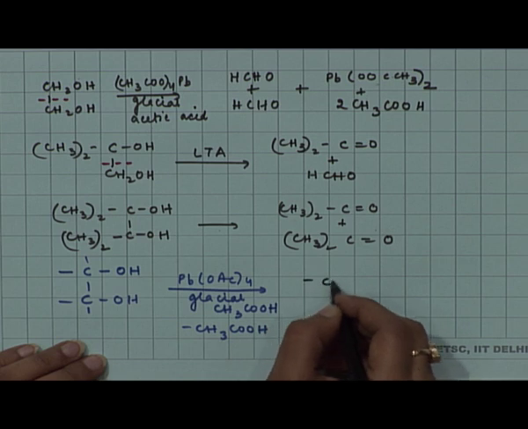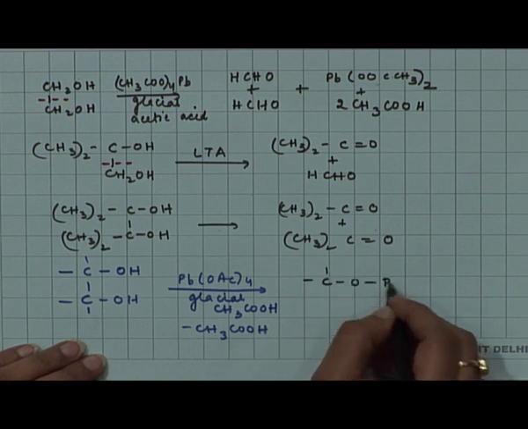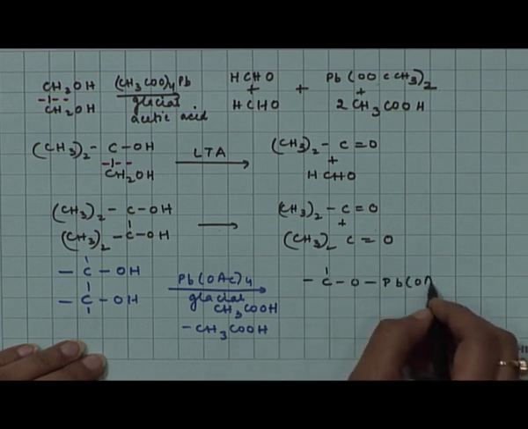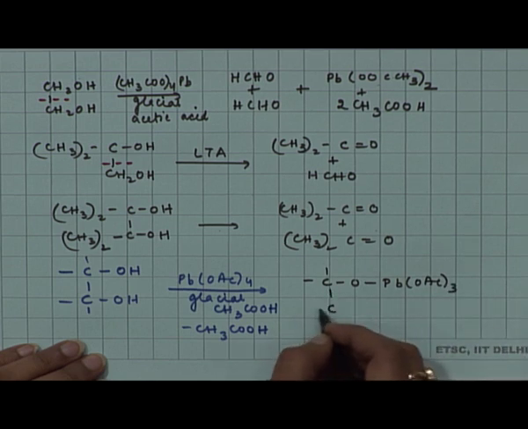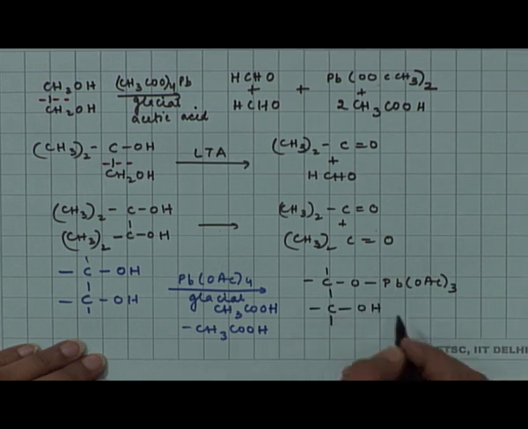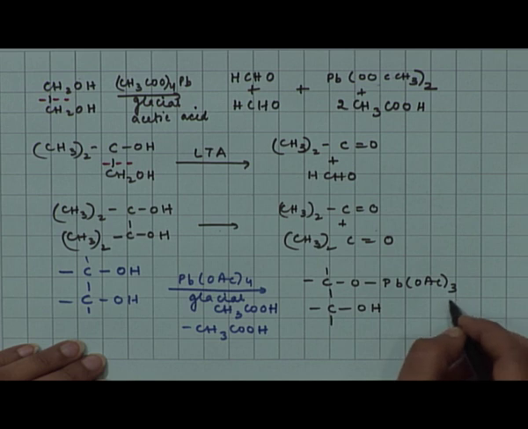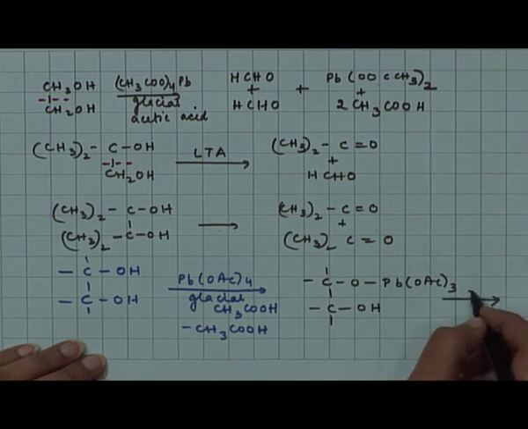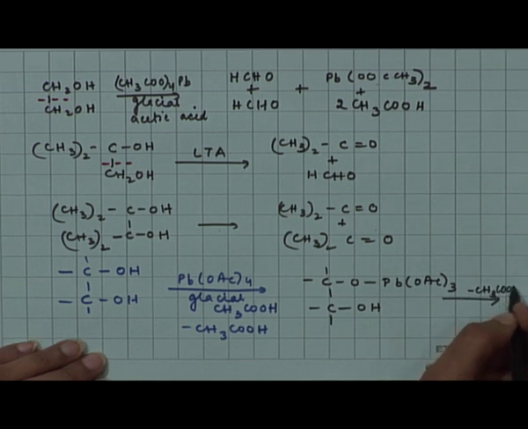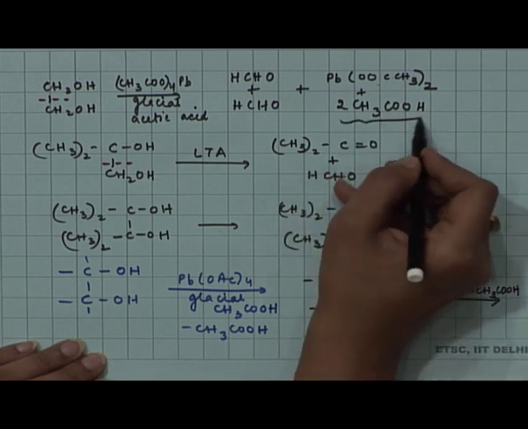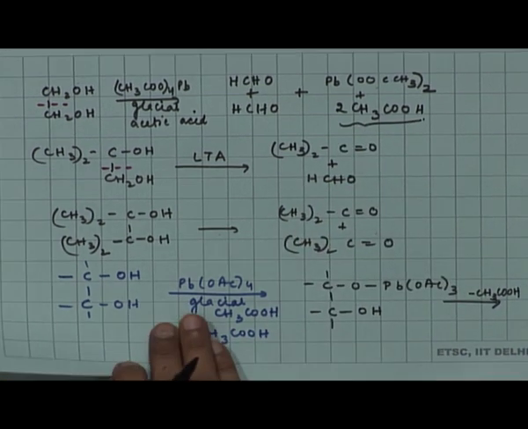So, it leads to the formation of this intermediate, and this does not stop here. There is loss of another molecule of acetic acid, as we saw in the final equation, 2 molecules of acetic acid are being lost.